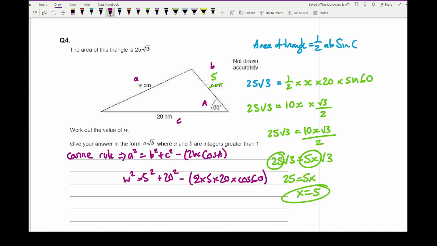Now cos 60 is another exact value of trig, which is a half.